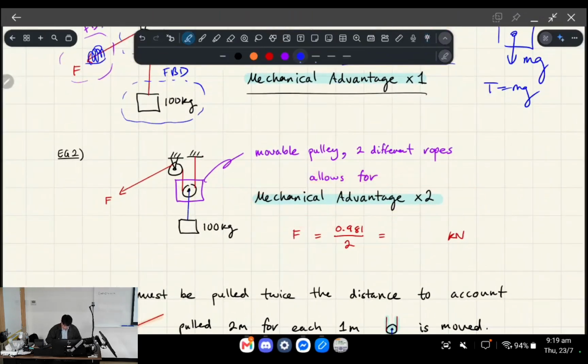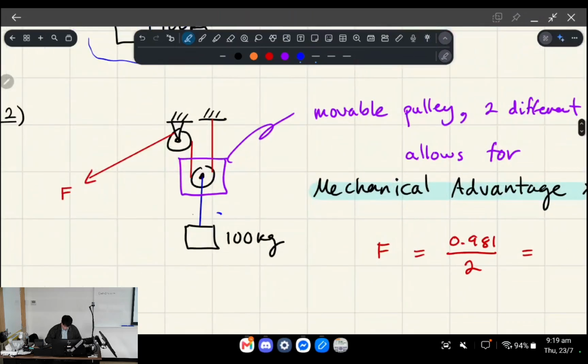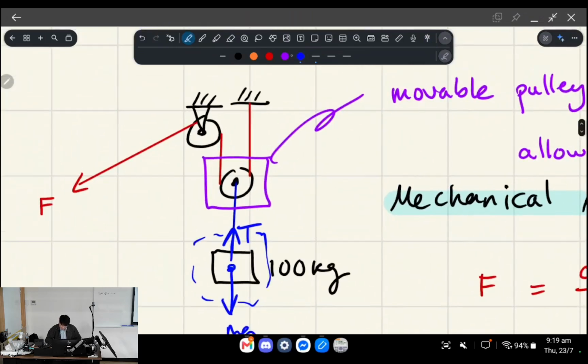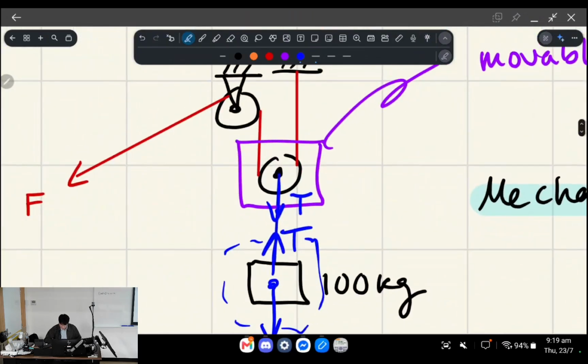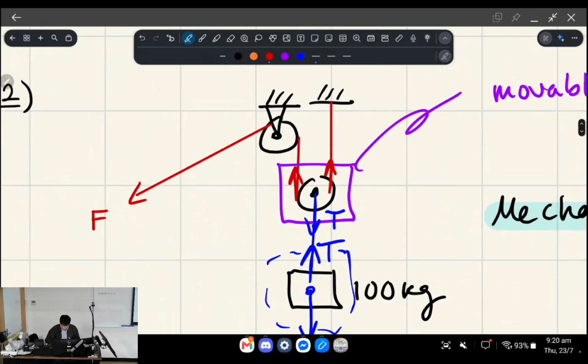Okay, so let's follow the same logic. If we did the free body analysis here, this is mg, and let's call that force T that goes into that rope, the blue one. And if we do the free body analysis here, let's keep calling the force in the blue rope T. If we did equilibrium analysis, you'll find that each of the forces in the red rope is going to be T on 2.